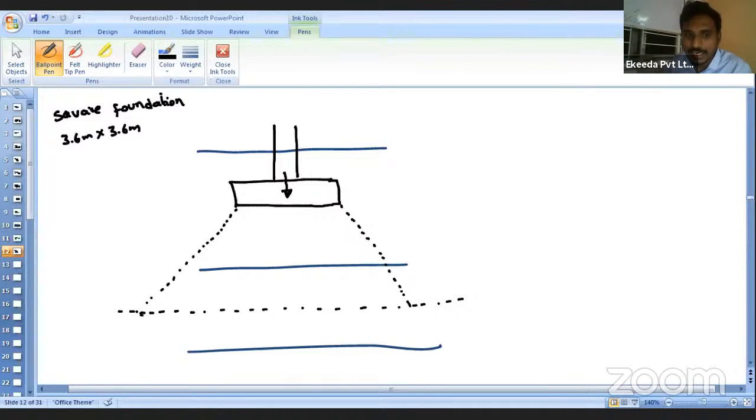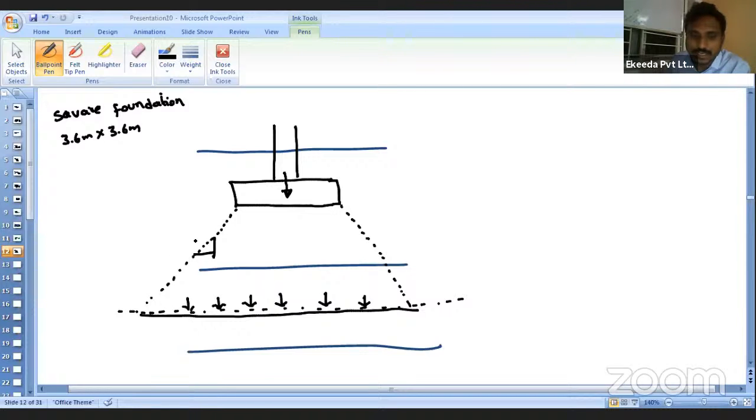That means at this level, what will be the change in effective stress because of the construction of the foundation? If nothing is given, then we have to consider the variation of 1 is to 2.